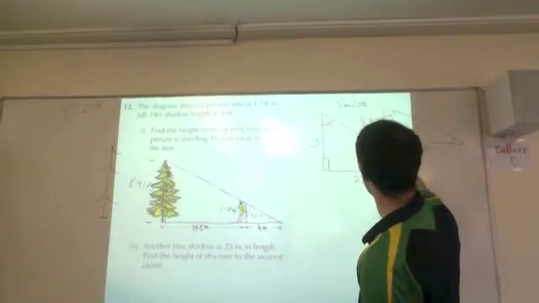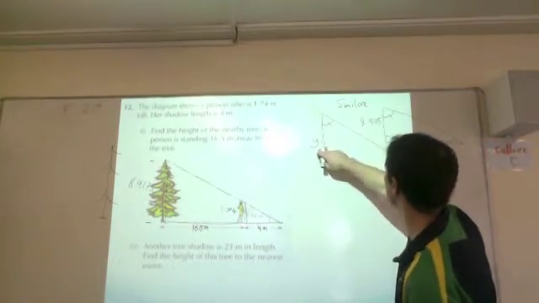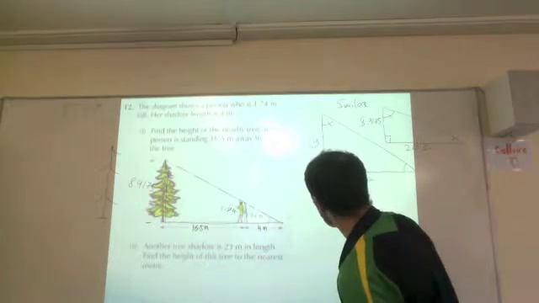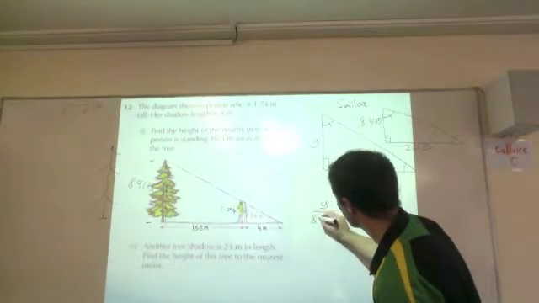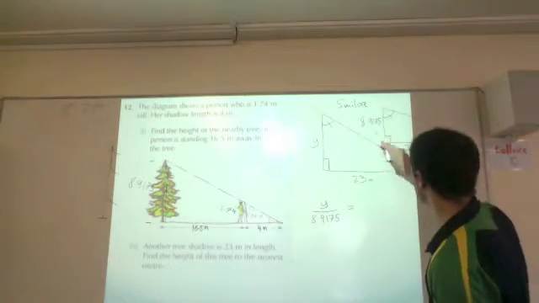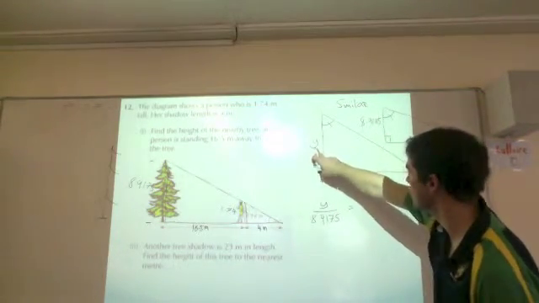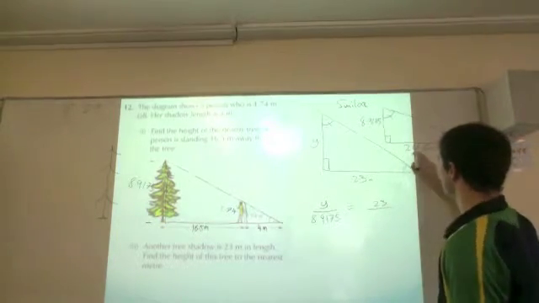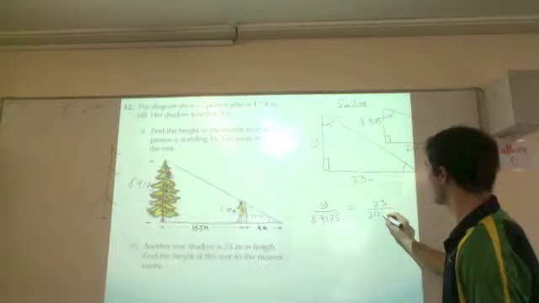So we're going to put y over 8.9175 is equal to, if you use the y on the top, then you have to use the 23 on the top here, 23 over 20.5.